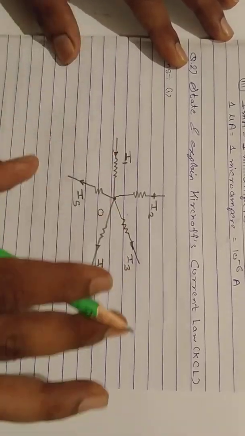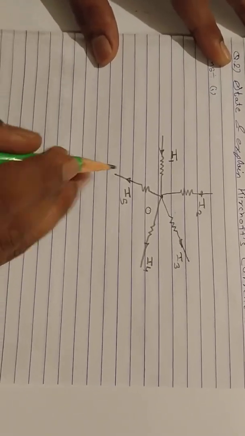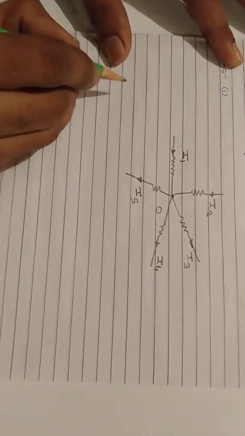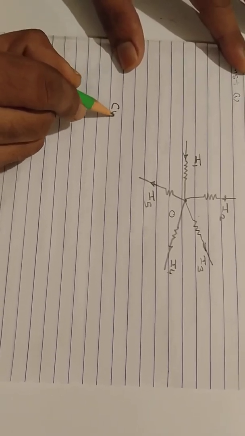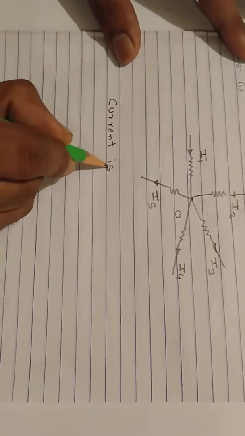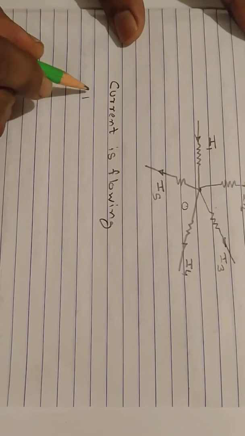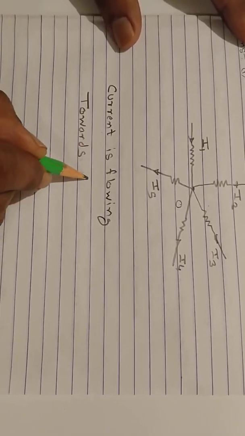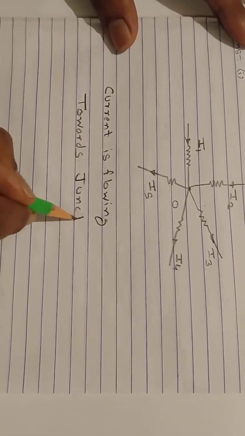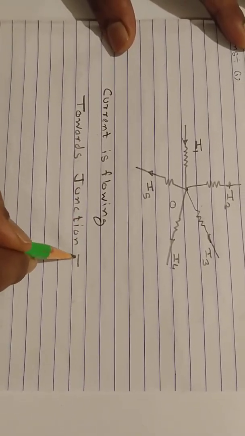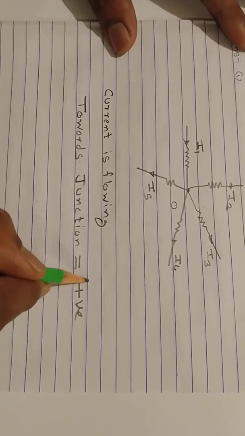It states that, but before that, let me give the sign convention for current flowing towards and flowing away. If current is flowing towards the junction, then those currents are considered to be positive.